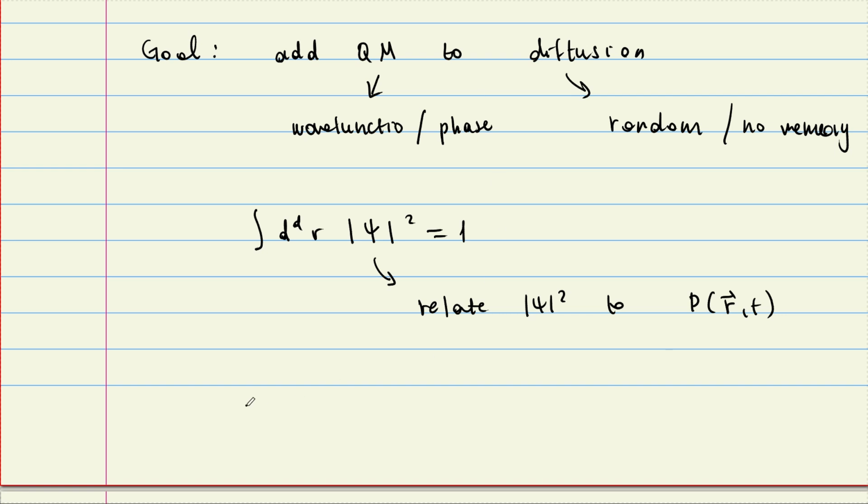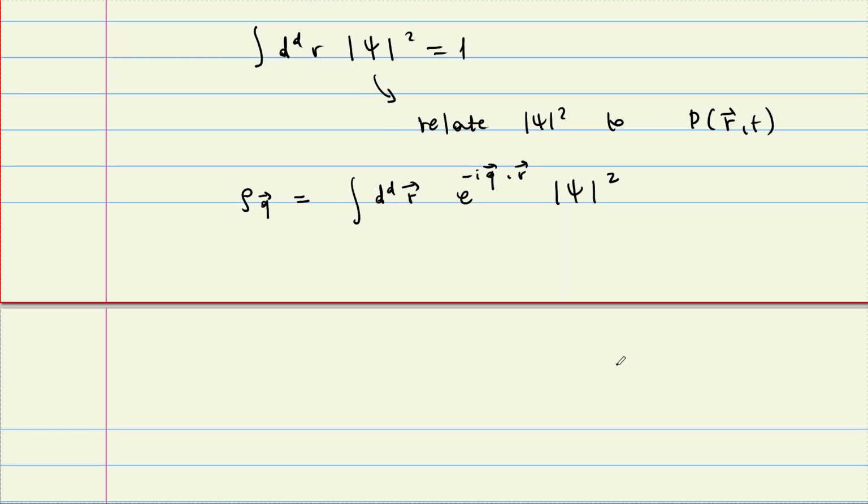So let's take the Fourier transform. Rho of q is going to be the integral of d r e to the minus i q dot r times psi squared. And we need to show the similarity of at least this quantity to diffusion.